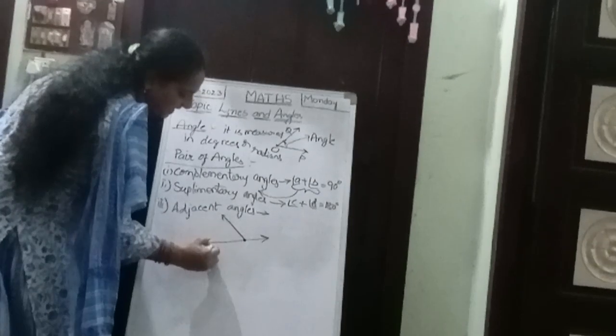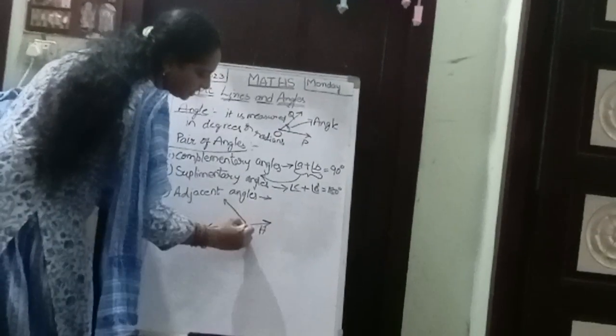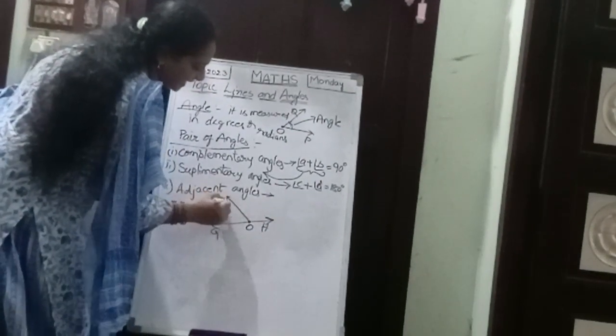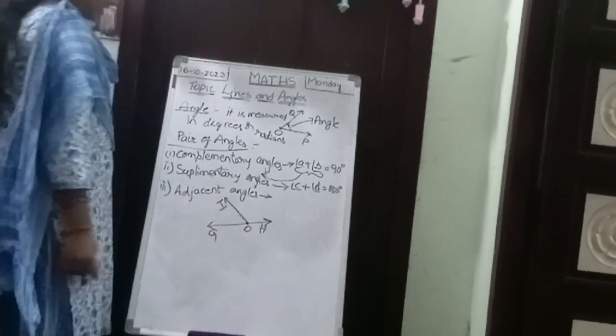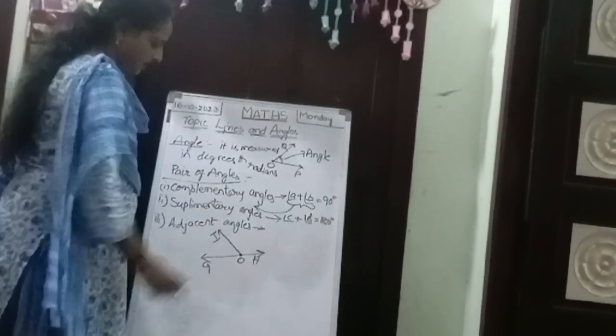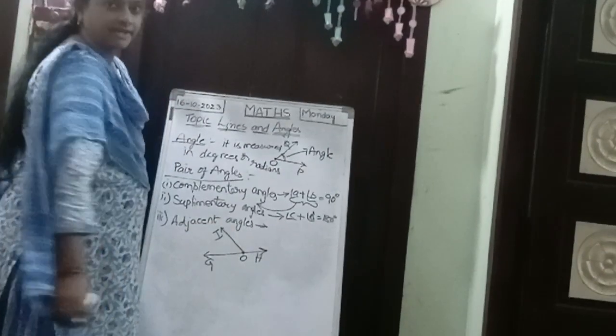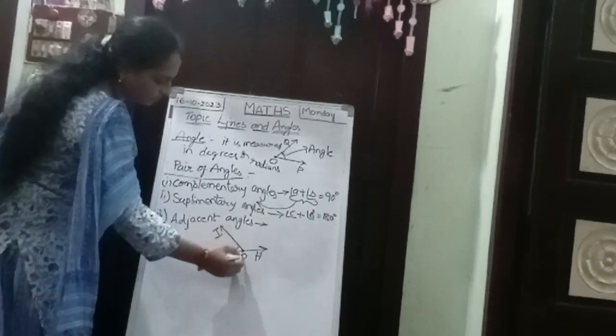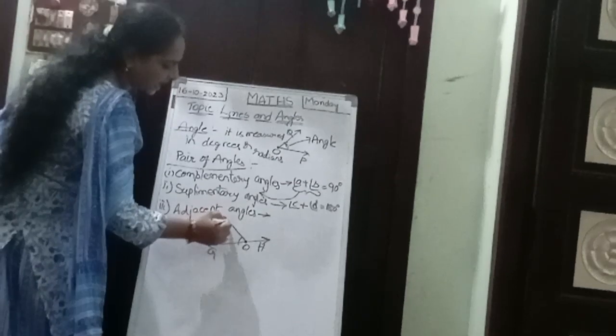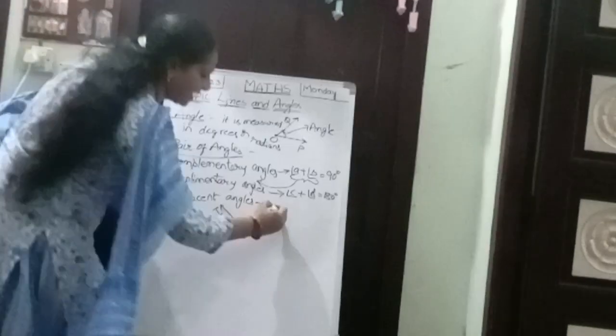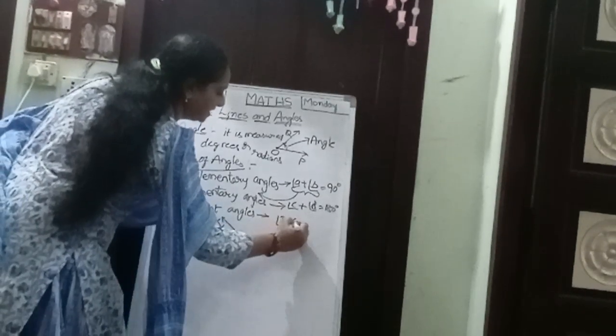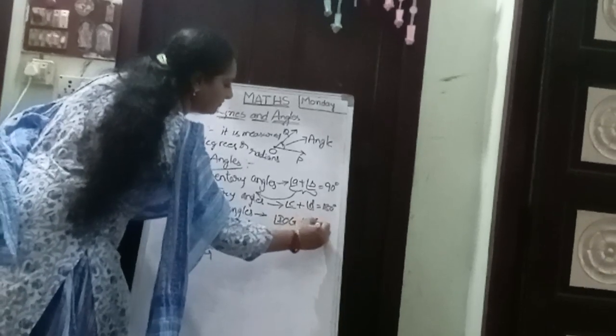Let us name these G, H, this is O and this is I. Here GH is a line and OI is a ray. I took one line and a ray. Now the angles formed here are angle IOG and angle IOH.